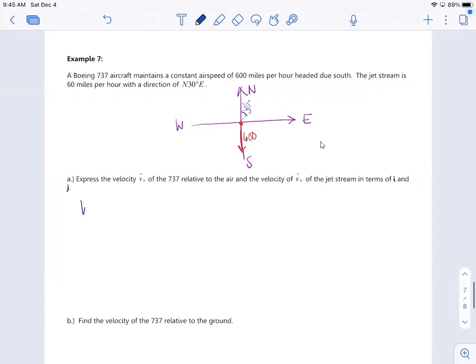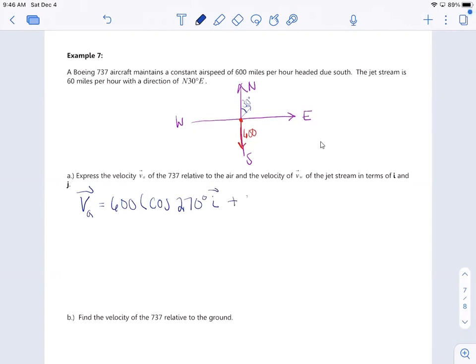So my vector for my aircraft, well, we know the magnitude, 600. And we actually know the direction. It's due south, so think about your unit circle. So that's 270 degrees. Cosine of 270 degrees i plus sine of 270 degrees j.